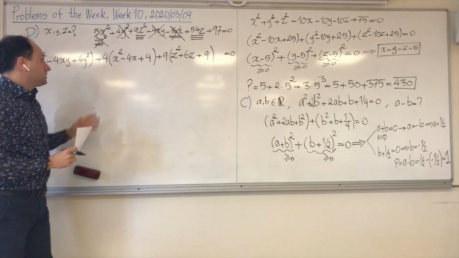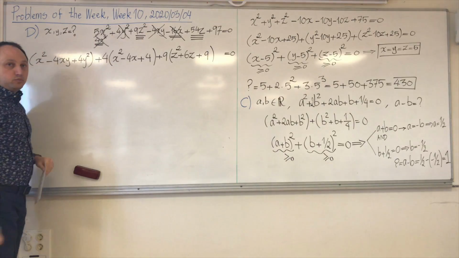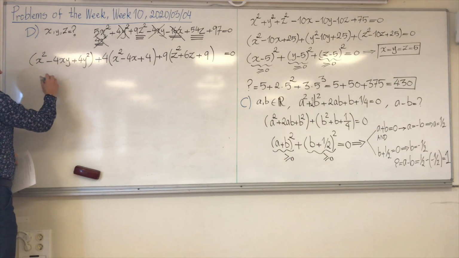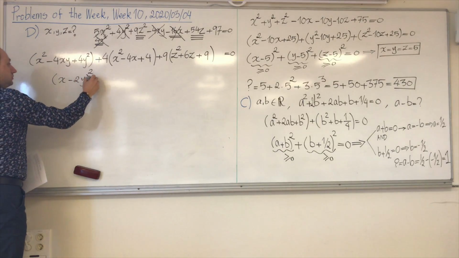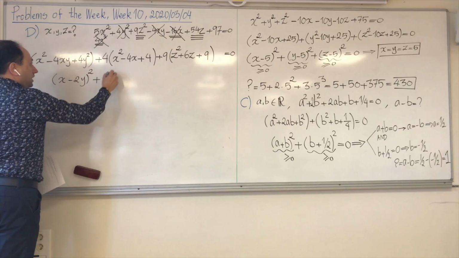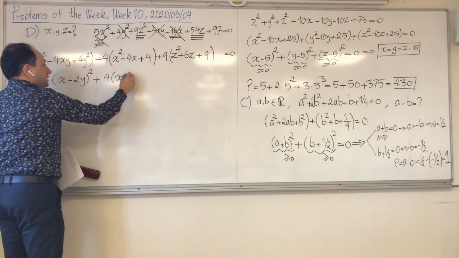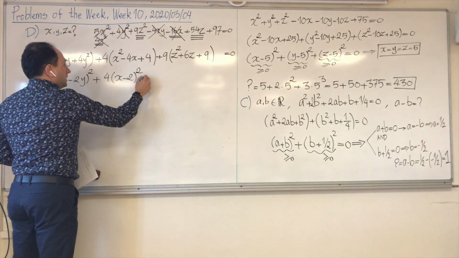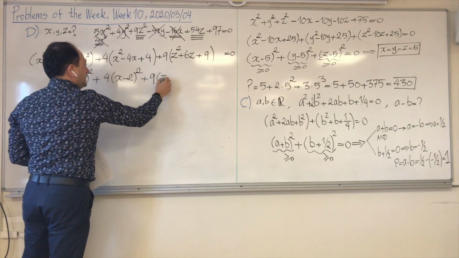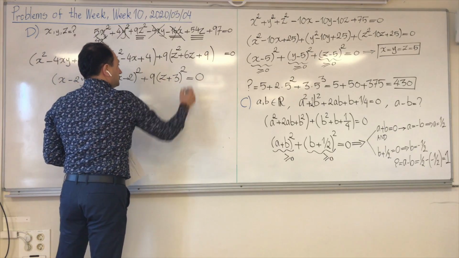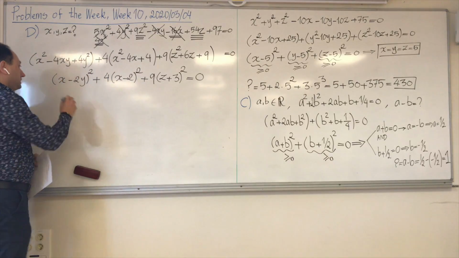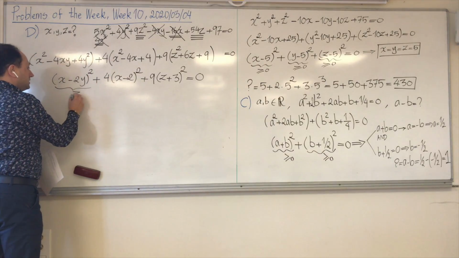So what you see here is another arrangement of what I had here, but in a nice form, yes? Because all of them now are complete squares. So this I can write (x minus 2y) to the 2 plus 4 times (x minus 2) to the 2 plus 9 (z plus 3) to the 2 equals to 0. Okay, but again, this is non-negative.